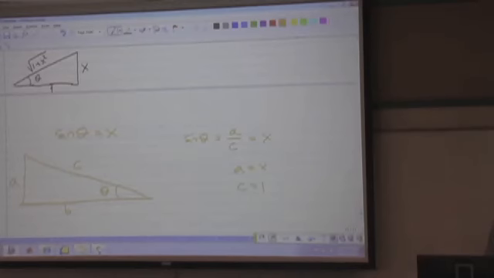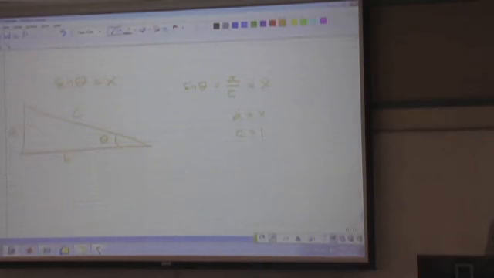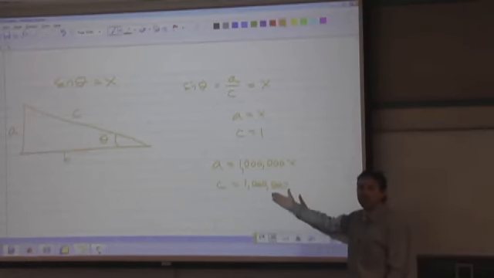I mean, of course, if you like ugly numbers, A can be 1 million x's and C can be 1 million. Clearly, A over C will give you x. Right? I'm just choosing x over 1 because that's the simplest one you can go with.